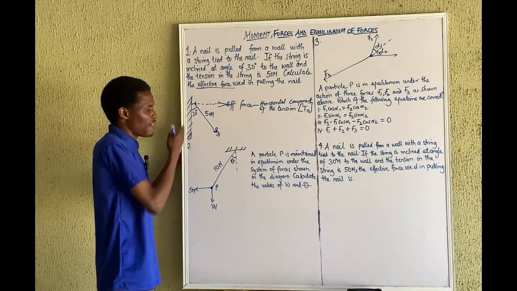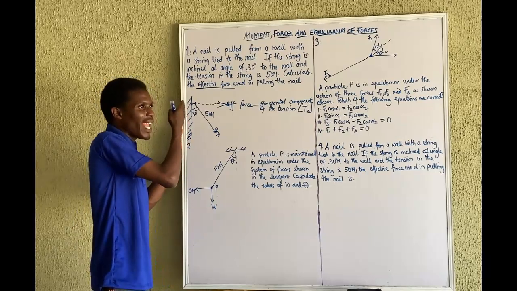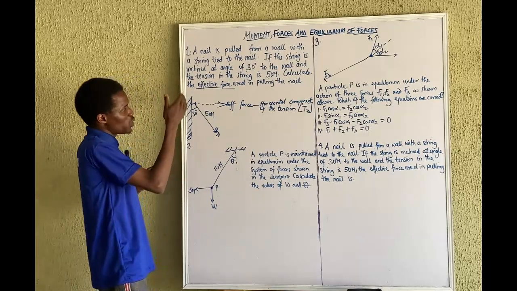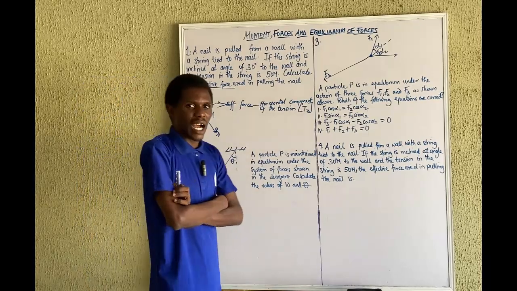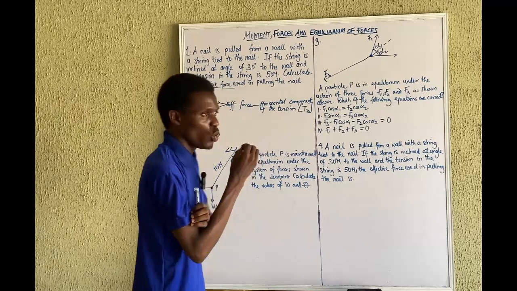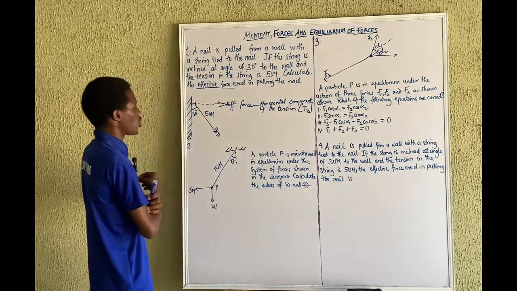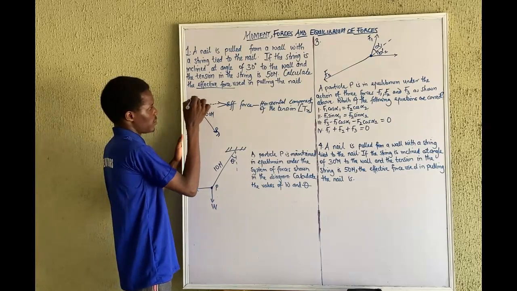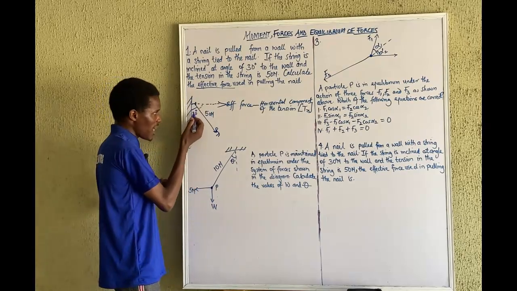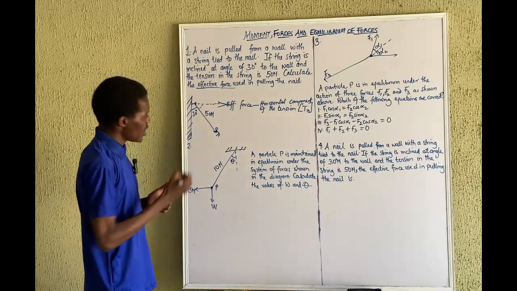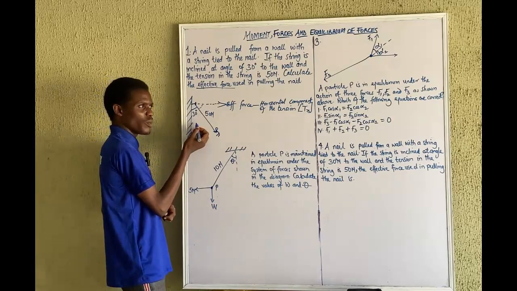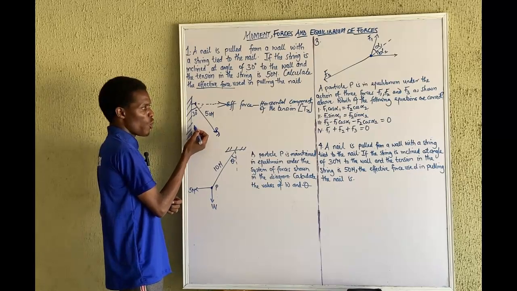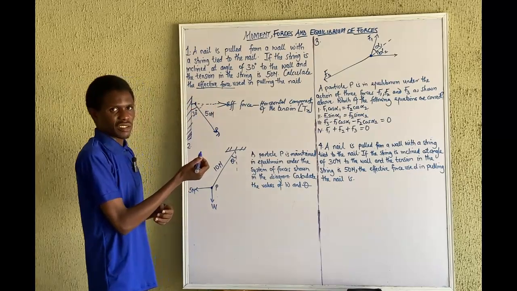Whenever you see a question that has an angle in it, the first thing you look for is the position of the angle. The angle can be here, here, here, or here. Where it is determines whether you use sine, cos or tan. When it is elsewhere, things change.